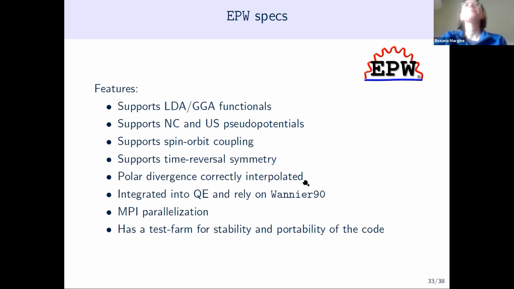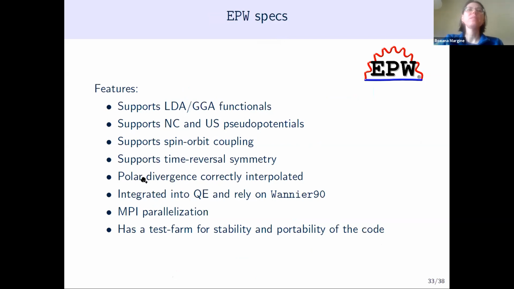And among the EPW features, I would say currently it can support both LDA and GGA functionals, and it can now support norm-conserving and ultrasoft pseudopotentials, spin-orbit coupling calculations, and time-reversal symmetry.